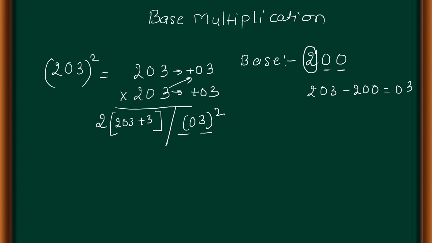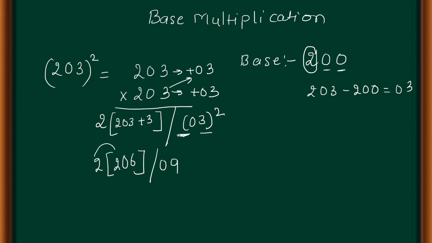In any condition we can write only two digits here, we cannot write three, because of these two dashes. Now this is going to be 2 into bracket 206, because 203 plus 3, and on this side of the dash you are going to write the square of 03, which is 09, correct?